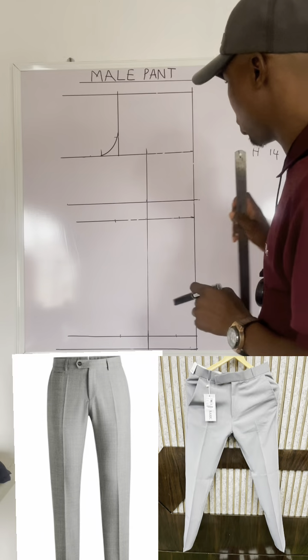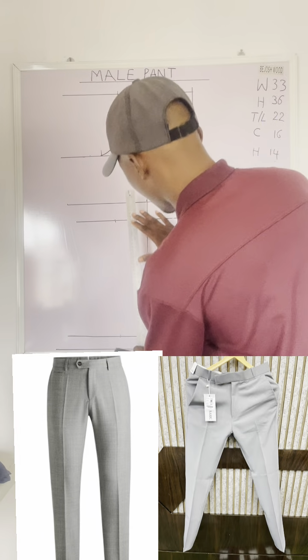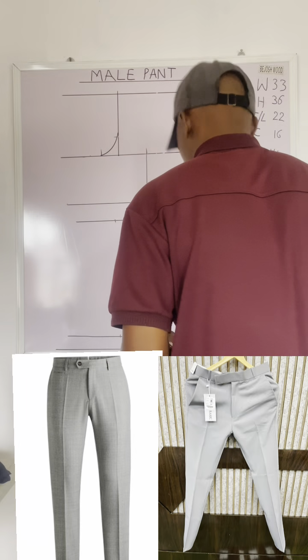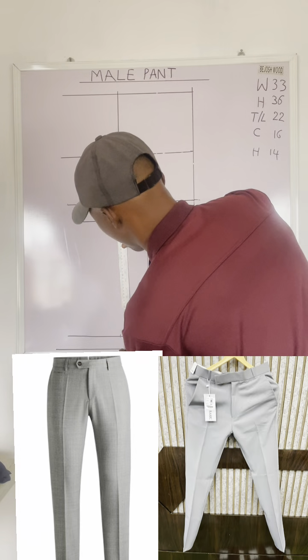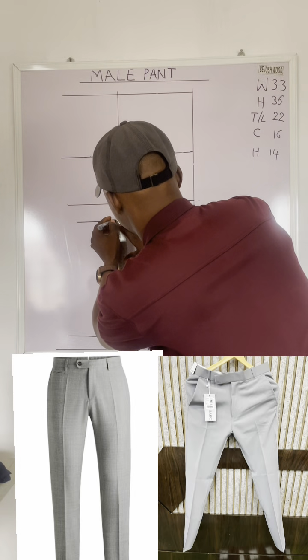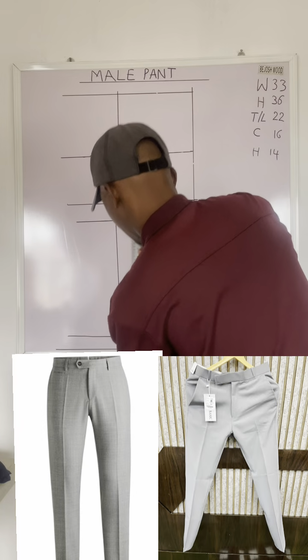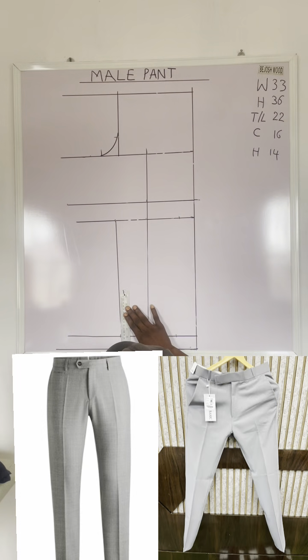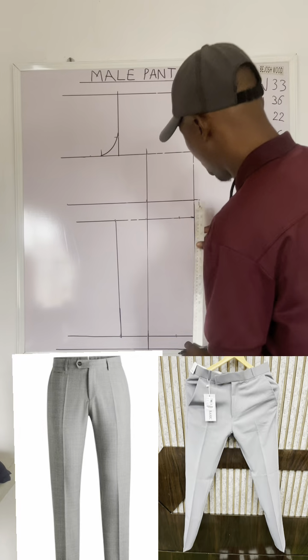So the next thing we want to do now is connect those points. This is how to do it. You use your normal straight ruler to connect here. Good. You connect this point as well.